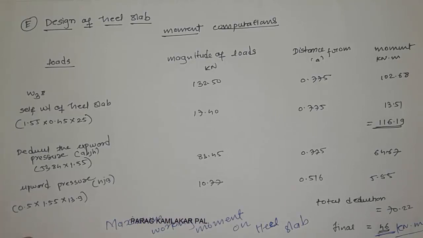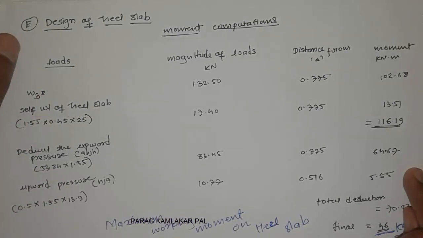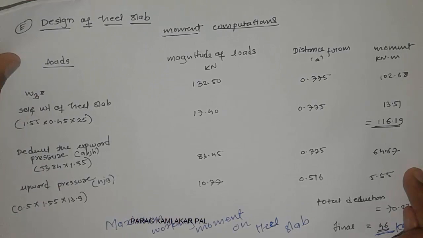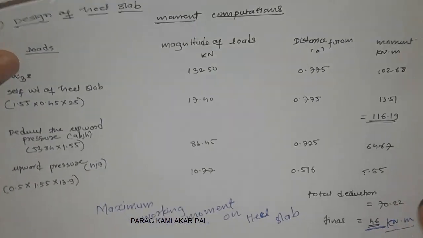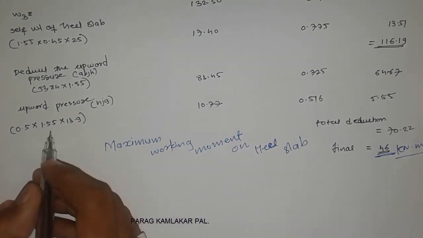Now after that we are going to do the maximum design ultimate moment. Now we need the maximum design ultimate moment for this. So how will we get the maximum design ultimate moment?